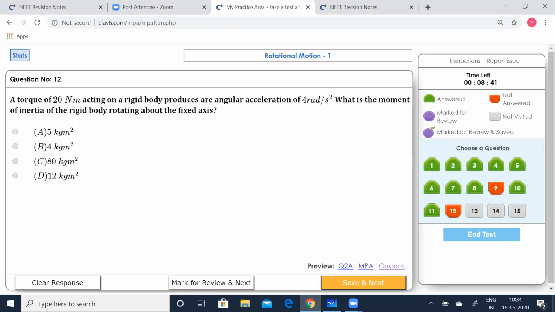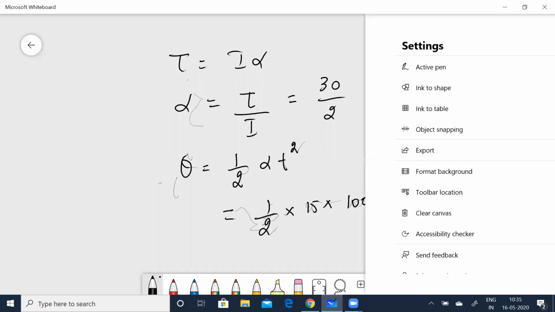A torque of 20 Newton meter acting on a rigid body produces angular acceleration of 4 radians per second squared. What is the moment of inertia of the rigid body rotating about the fixed axis? So we can make use of the same formula, tau is equal to I alpha.